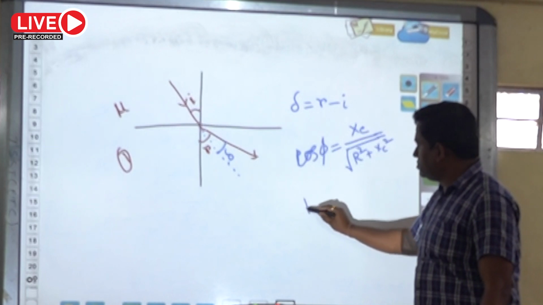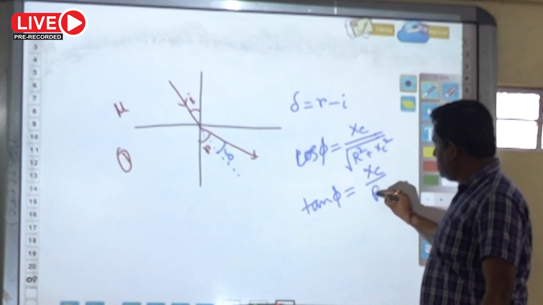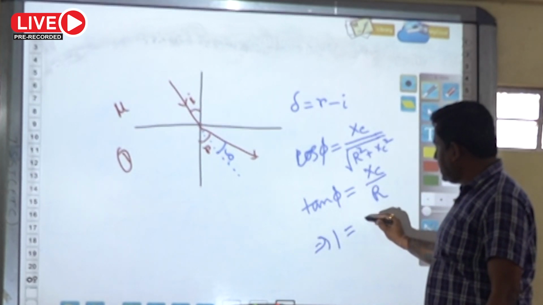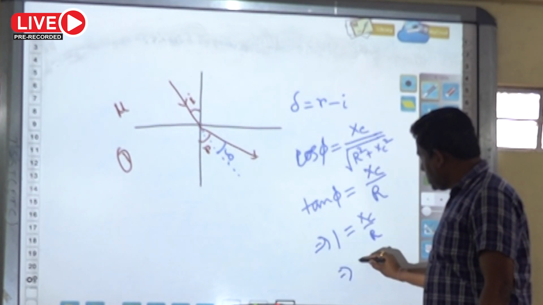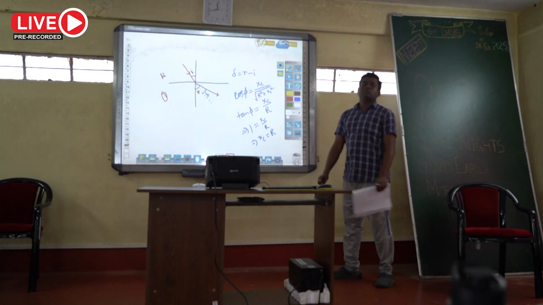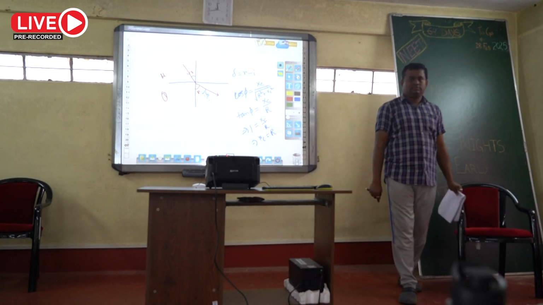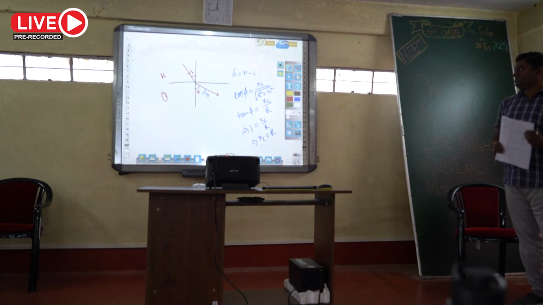You can also write this one: tan phi equal to XC by R. Then tan 45 means 1. It will be XC by R. So XC equal to R. Either of the formulas you can apply. Tan phi is easier to calculate.